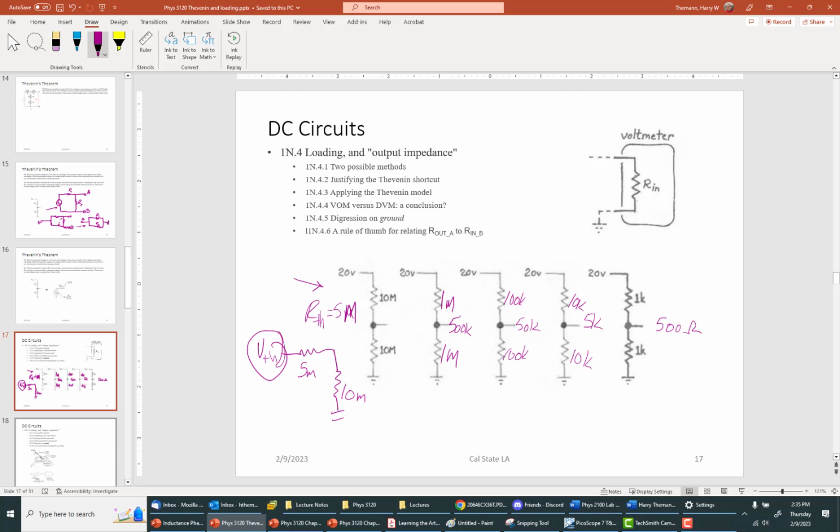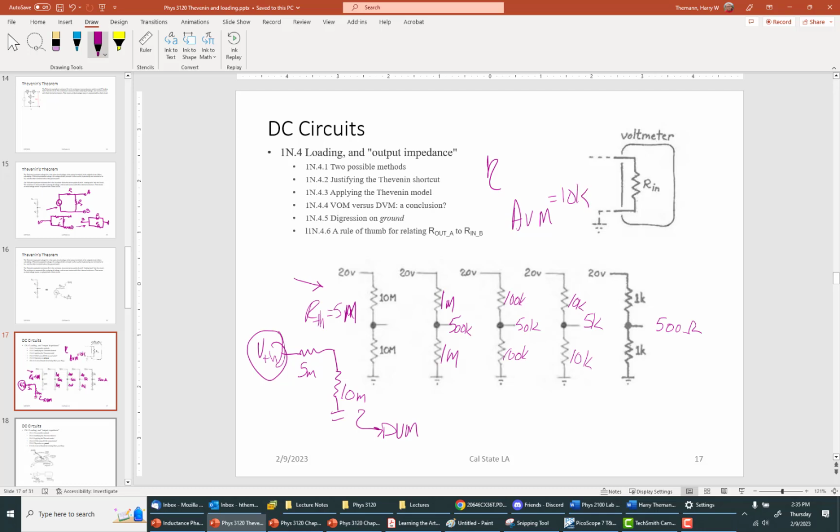But of course, once you get to 500K, 50K, 5K, no big deal. The analog voltmeter's R analog equals only 10K.